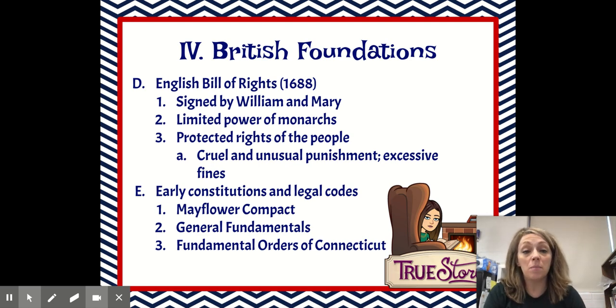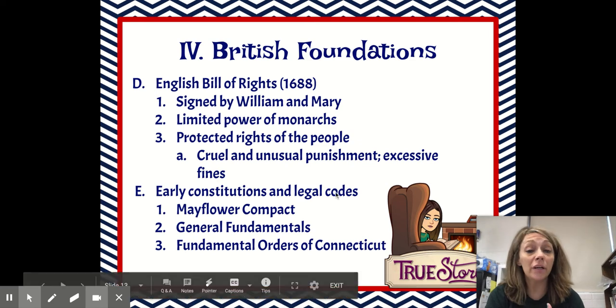Similar to the Magna Carta, the English Bill of Rights limited the power of the monarch, but it also went a little bit further and listed certain rights of the people that were protected. Things like you're not going to be subjected to cruel and unusual punishment. You're not going to have excessive fines. Some of those things we took directly and put them in our Bill of Rights. So the English Bill of Rights, super important document.